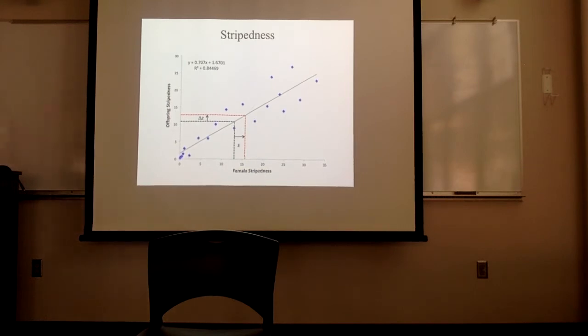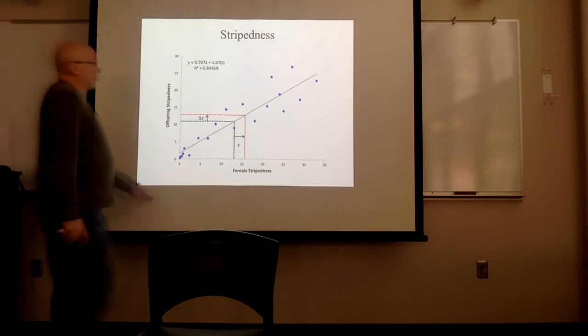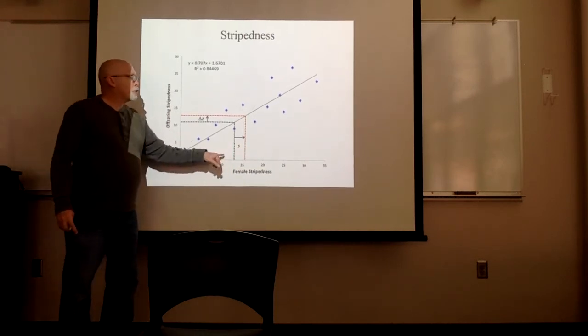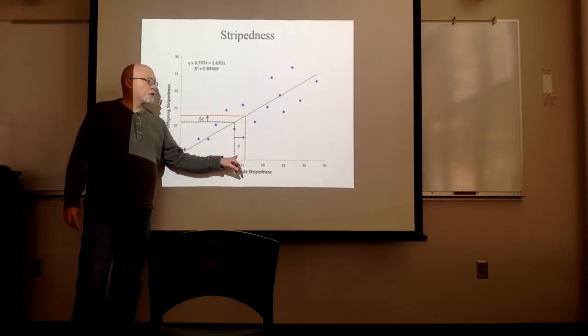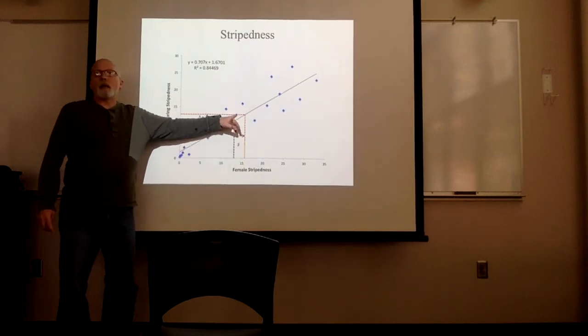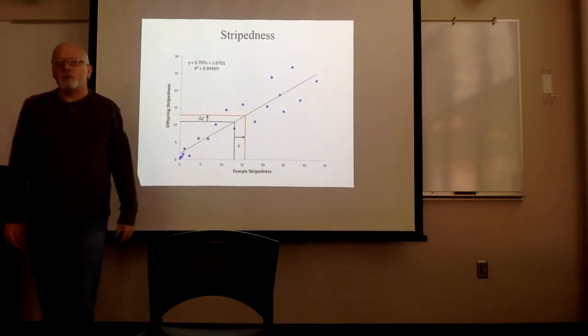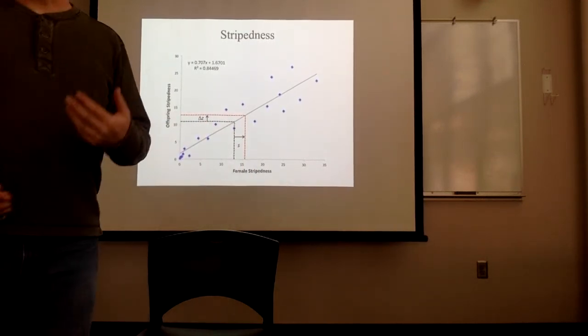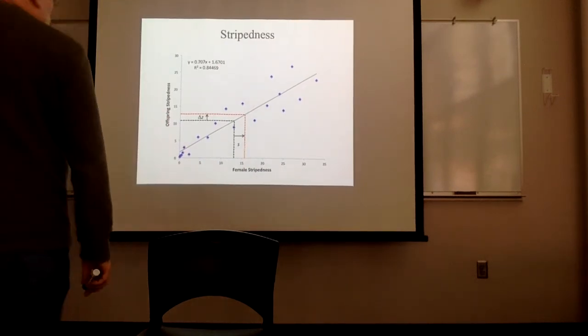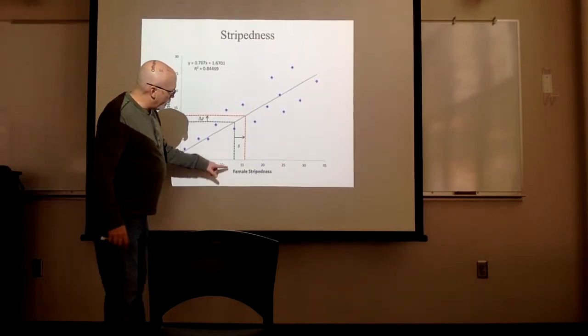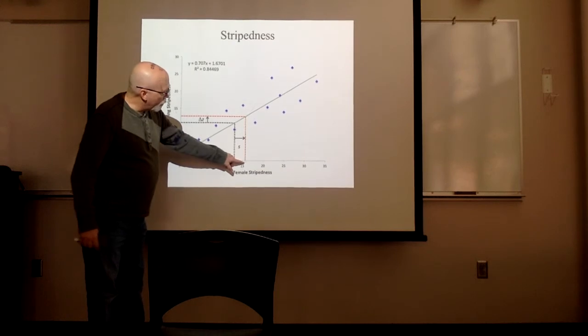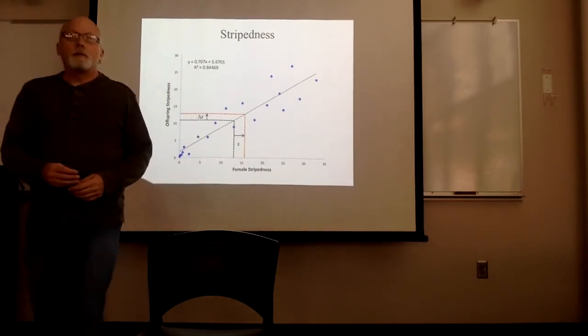So if it's important to be stripy to avoid predators, you should expect selection to push towards more striped snakes, and that will cause the offspring population to increase in its stripedness. You see here that we're at about 13 or something like that, and we go up to maybe 16, something like that.